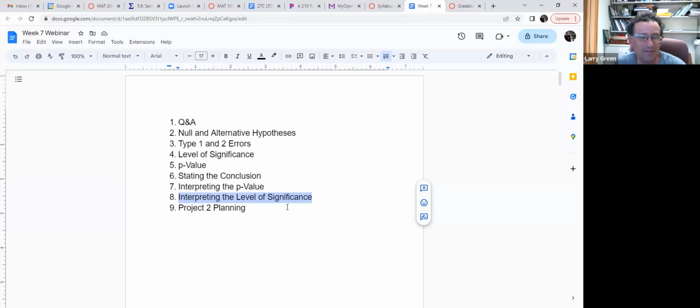Really, you need to know chapter 10 to be able to fully do project 2, because project 2 is all about chapter 10. But if you don't know chapters 8 and 9, you'll have no chance of even understanding 10. So after this chapter, it's really the time to start thinking about project 2. So that is the plan for the day.